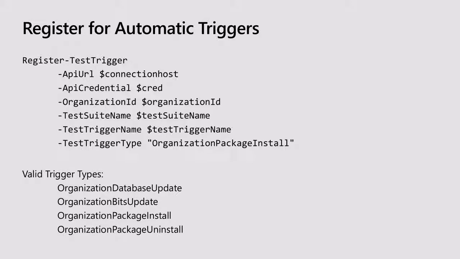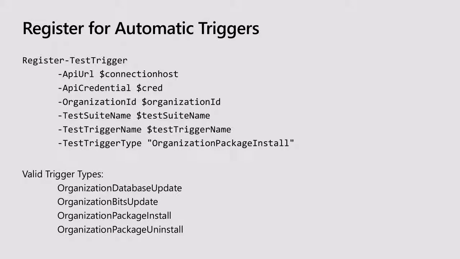Now here's registering for automatic triggers. As I mentioned previously, you can execute the test run manually, or you can register for automatic triggers. Here, similarly, you can just register the test trigger, and here are the different trigger types you can use: database update, bits update, package install, and package uninstall.